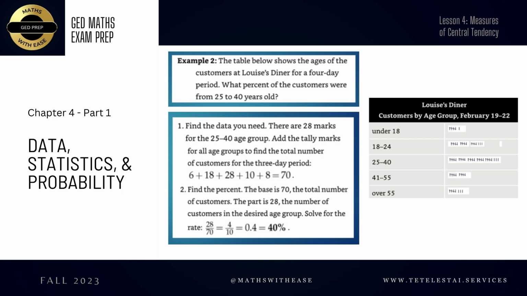So just pay attention to that if you're working on this example in the book and you notice that it's the wrong number of tally marks. Don't get tripped up, just count it correctly based on the information, okay? So for the 18 and 24 group, we know that there are 18 total tally marks. We've already established the total tally marks for the 25 and 40 group, which is 28. For the 41 to 55 age group, we know that there were 10 total customers.